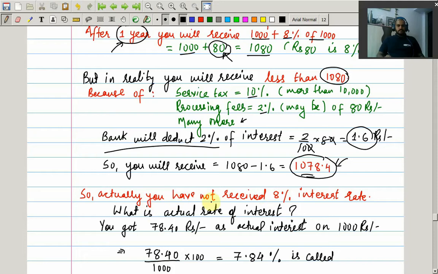So actually you have not received an 8% interest rate. So 8% was nominal. What is the actual rate of interest you have received here? You got 78 rupees 40 paisa as actual interest, where according to calculation you are supposed to receive 80 rupees as your interest amount.